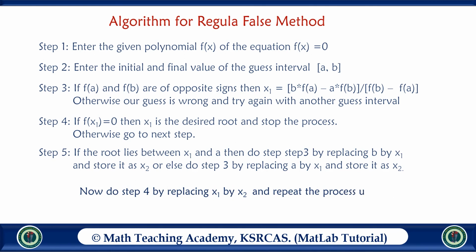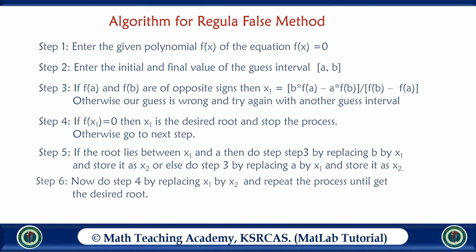Now do step 4 by replacing x1 by x2 and repeat the process until we get the desired root. So step 6 becomes: now do step 4 by replacing x1 by x2 and repeat the process until we get the desired root.